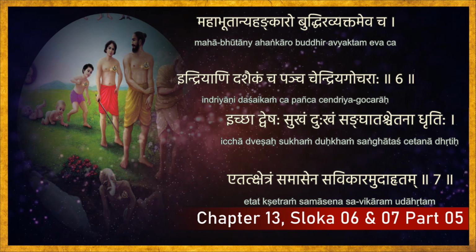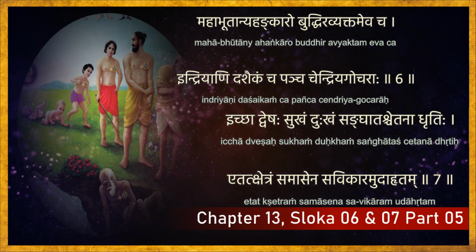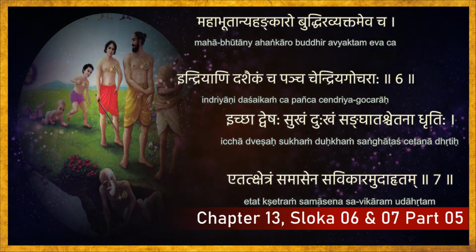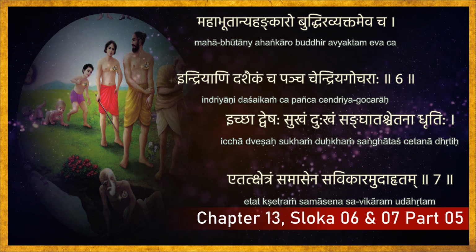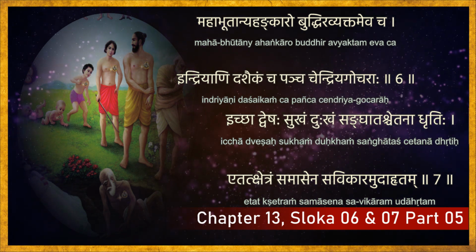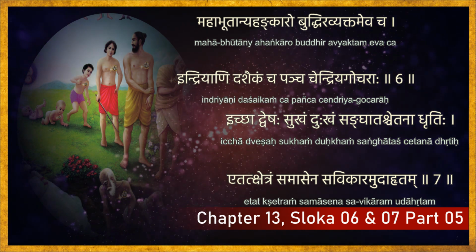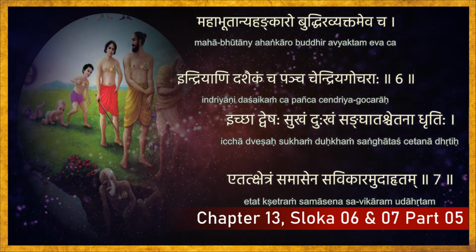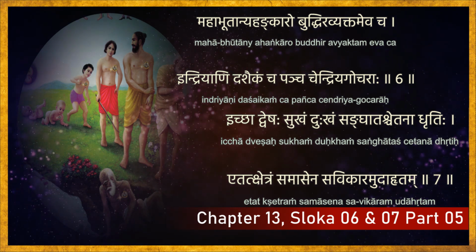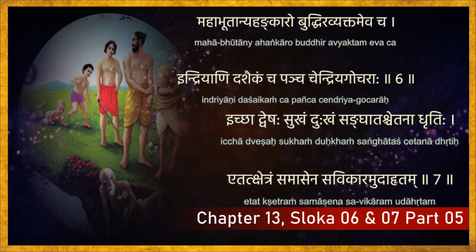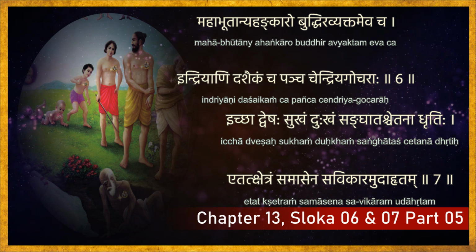The previous one was shabda tanmatra, from which came the akāsha. They only had shabda, they did not have sparsha. Whereas the second element, which is the vayu, has the shabda as well as sparsha.